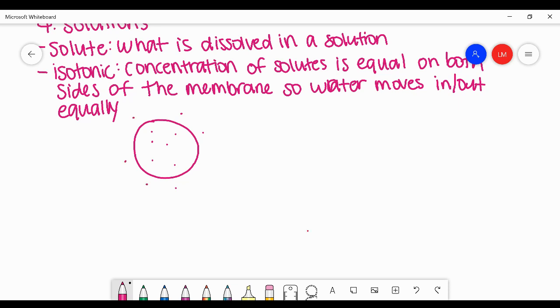So here we have about equal amounts of salt on inside and outside of the membrane. So we will have some water flowing out and water flowing in, water flowing out, water flowing in, but it's equal.